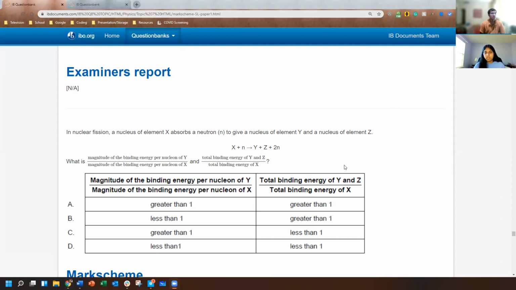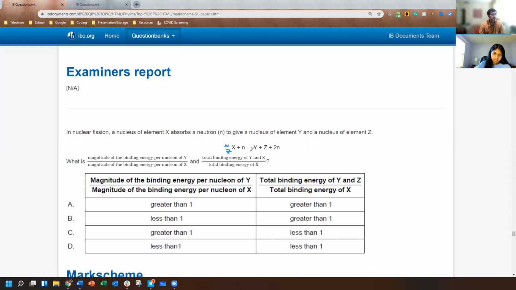Like, the total binding energy of Y and Z should be even greater than just Y, right? Oh, Y, yeah, but maybe we can put down some numbers. That might help. So let's just say this is Z, N, right?